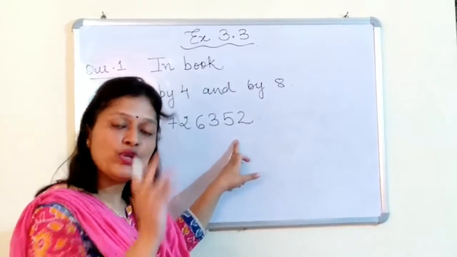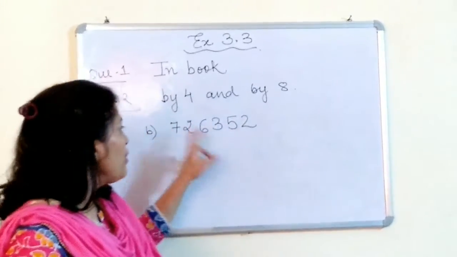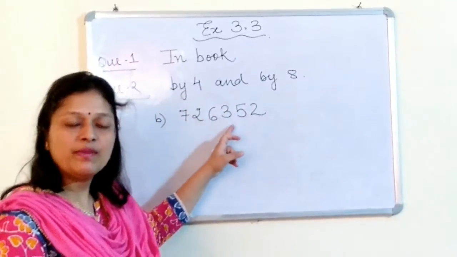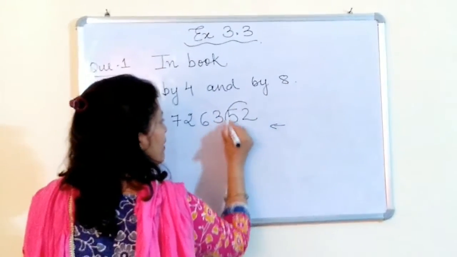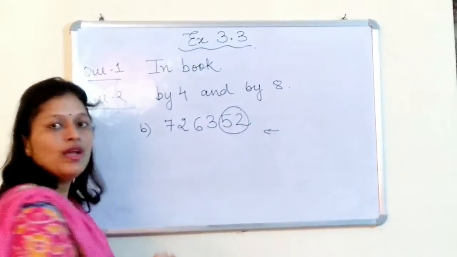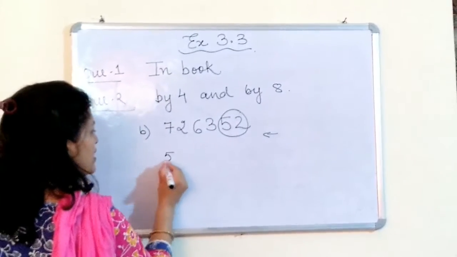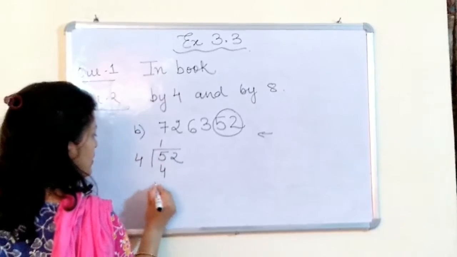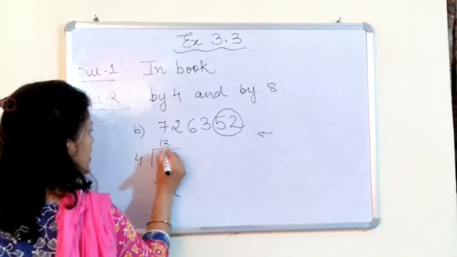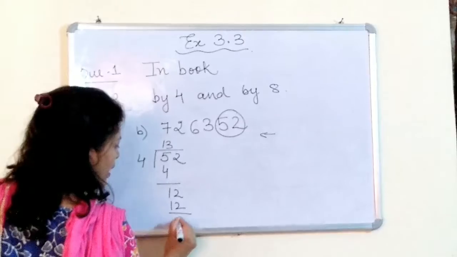If you remember, I told you in the last video. You have to see the last two digits from the right side. It is 52. Now 52 is divisible by 4. You can see. Yes, it is divisible by 4.